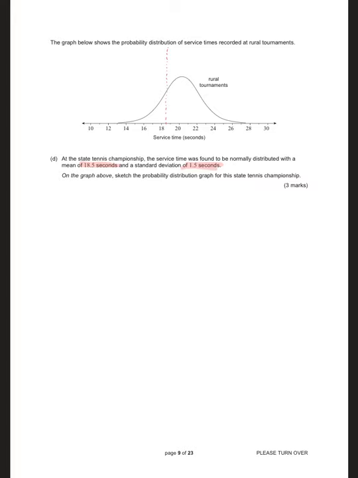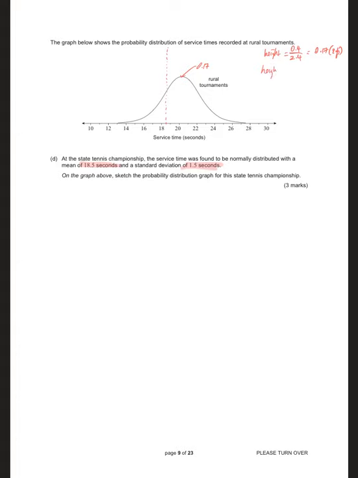So rural height was 0.4 on 2.4. 0.17 to 2 decimal points. That's 0.17 on our scale.